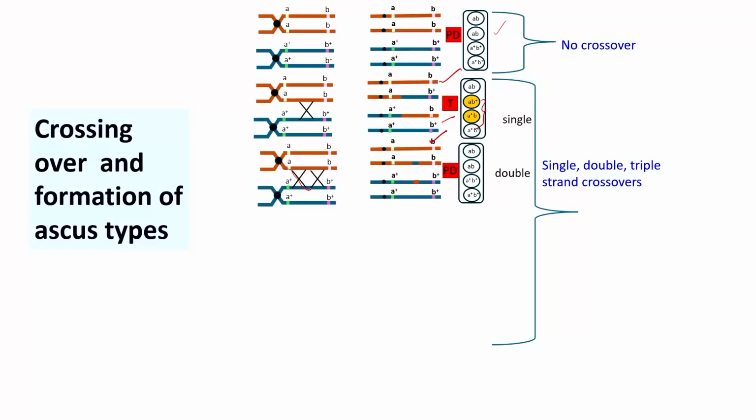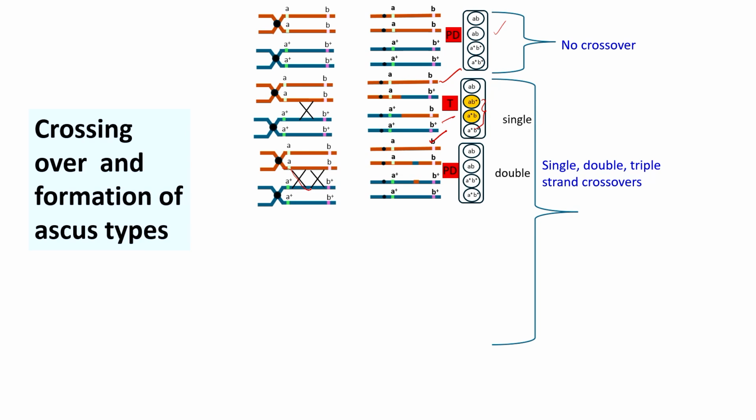But here, if the organism is haploid, then one copy of a gene has enough capability to express itself and you do not need to make the experiment more complicated. So, what you are seeing here is 2 homologous chromosomes carrying the genes A and B and then A plus B plus. If there is no recombination, all the spores you are getting are parental type.